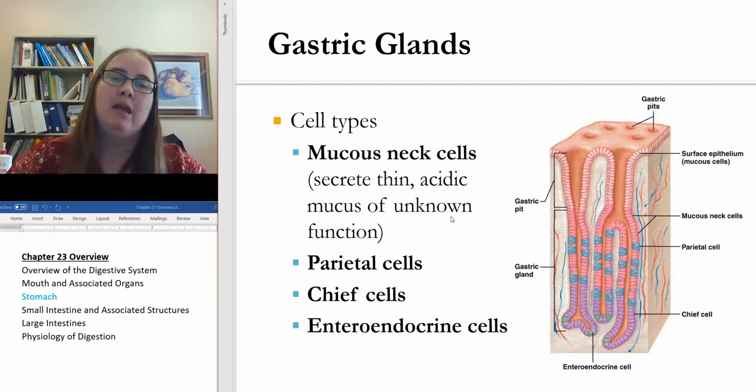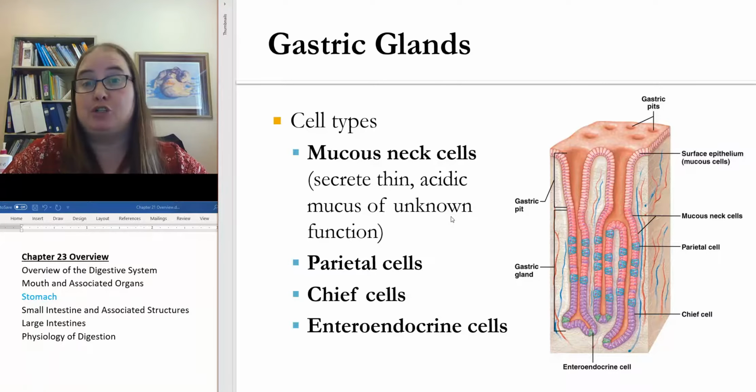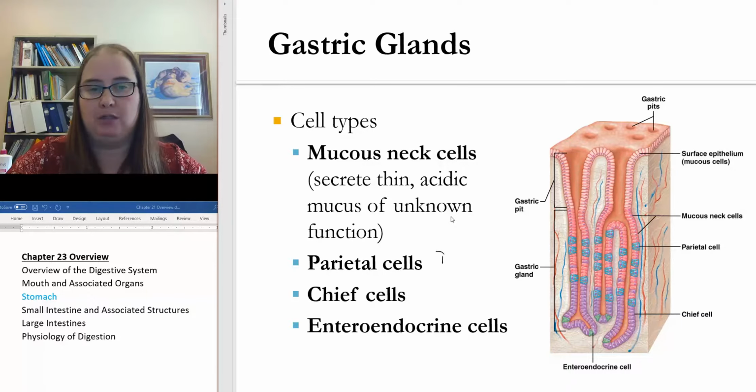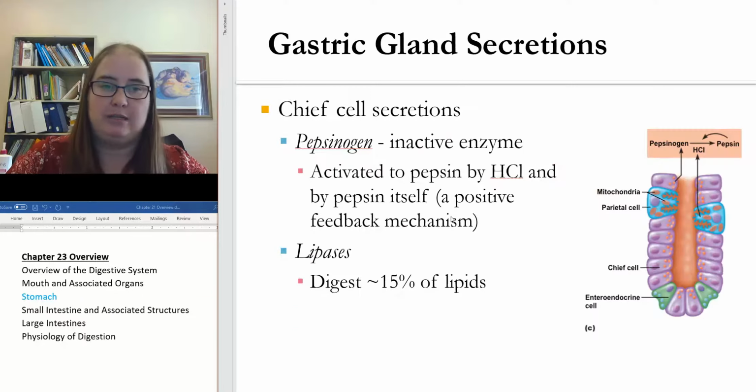Okay. The bulk of the gastric glands in terms of the functional anatomy of the stomach comes from these 3 cell populations: our parietal cells, our chief cells, and our enteroendocrine cells. So let's look at these 3 cell populations. Our chief cell is one cell population that exists in the gastric glands.